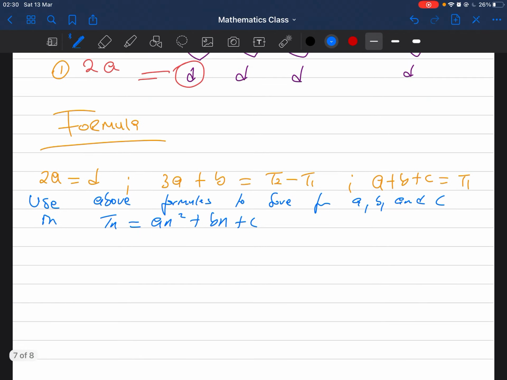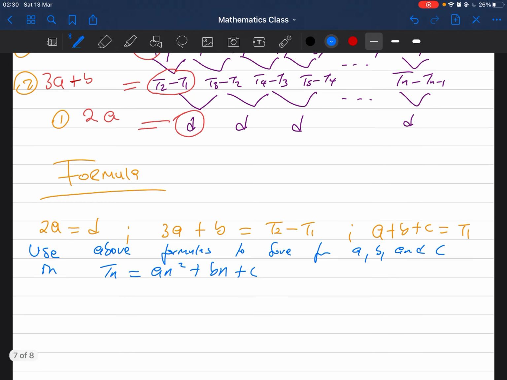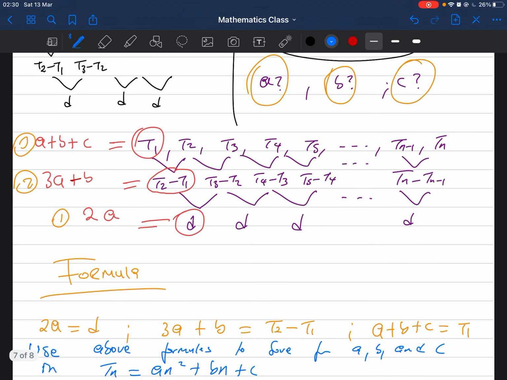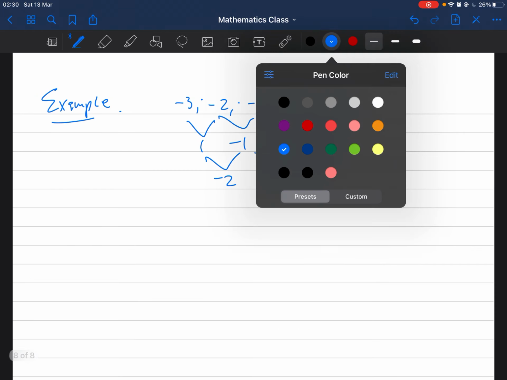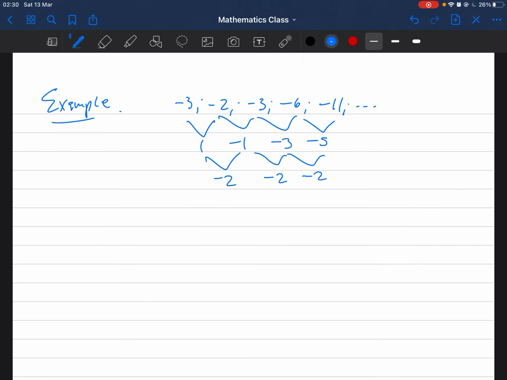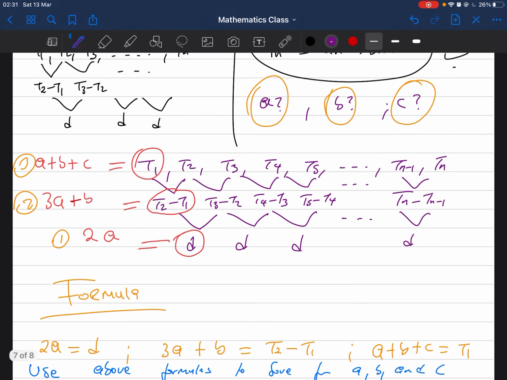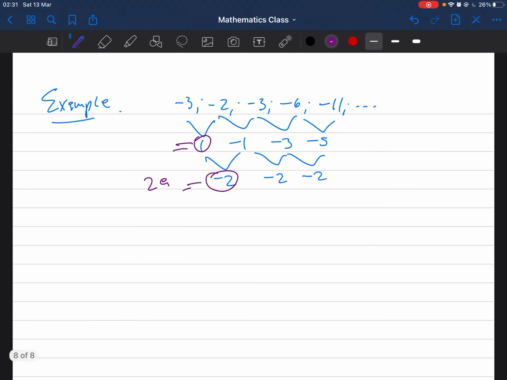From this, what we are saying is that the second difference is equal to 2a, the first difference is equal to 3a plus b, and the first term is equal to a plus b plus c.